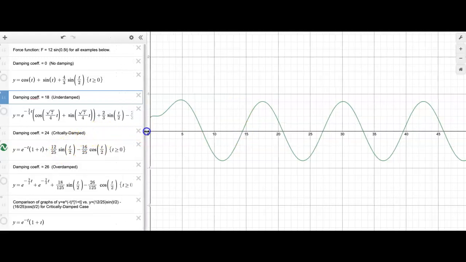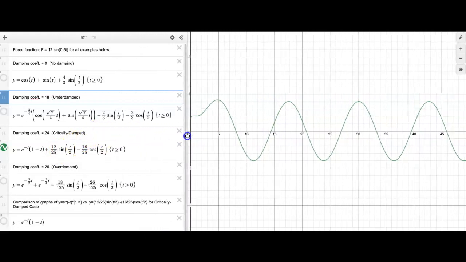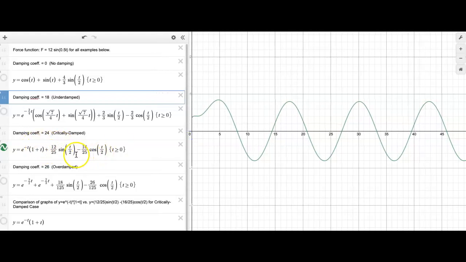And if we look here, notice that our y of p is a sum of sine and cosine functions. Same deal here, okay? But of course, we know that 2 over 25 and 16 over 25 here is a little less than 2/3.